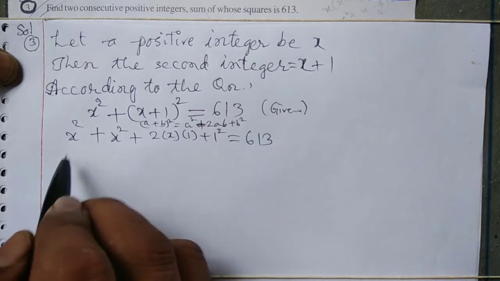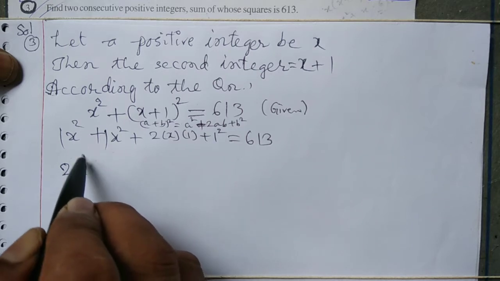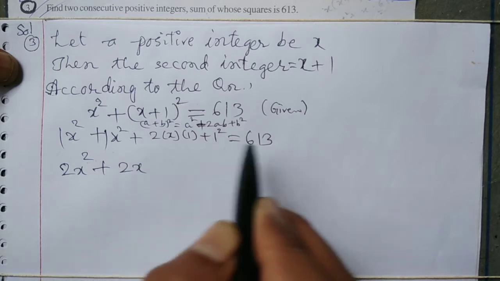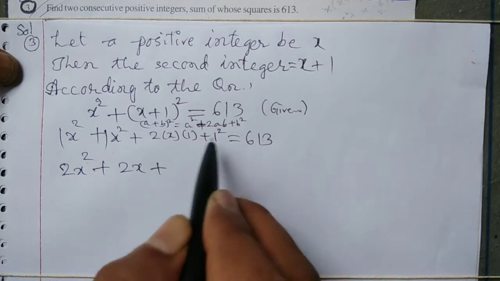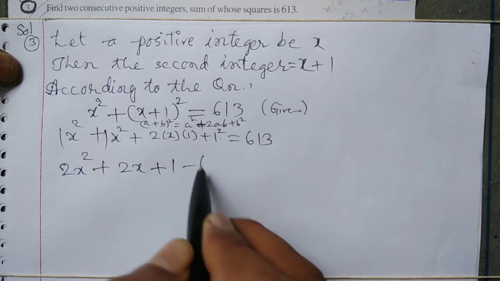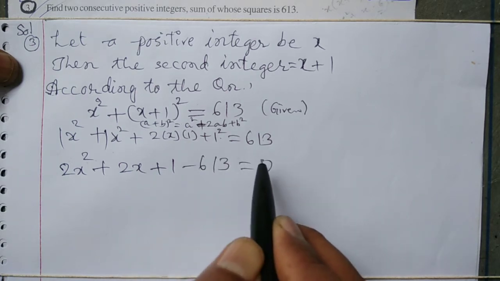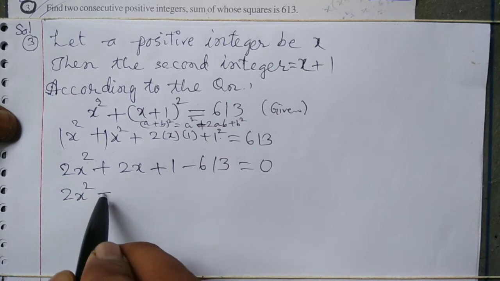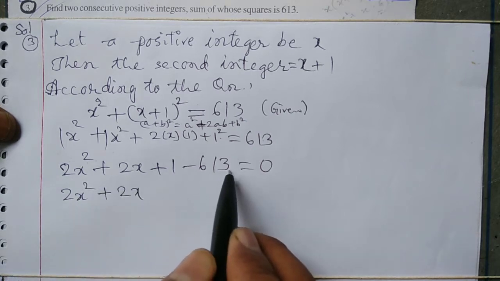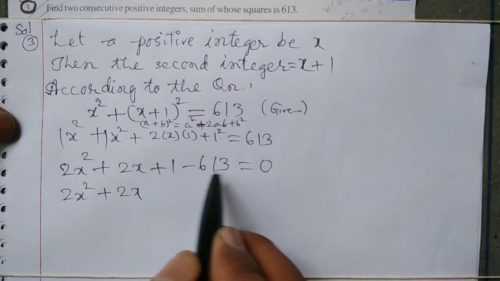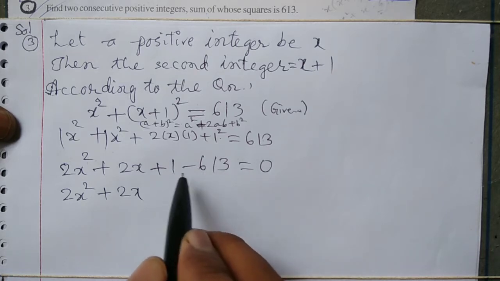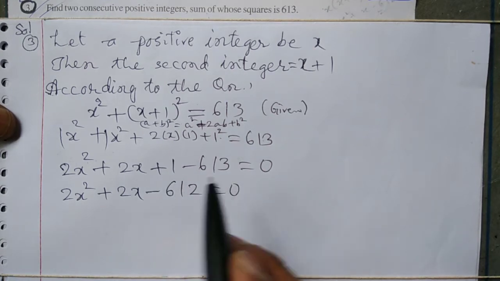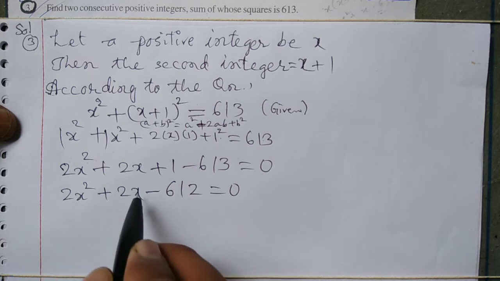x square plus x square is 2x square, plus 2x plus 1 minus 613 is equal to 0. 2x square plus 2x plus 1 minus 613 is equal to minus 612, equal to 0. 2 is common for all numbers.